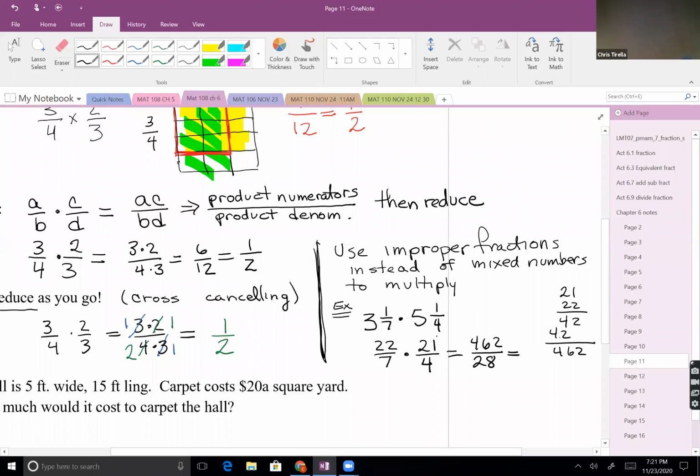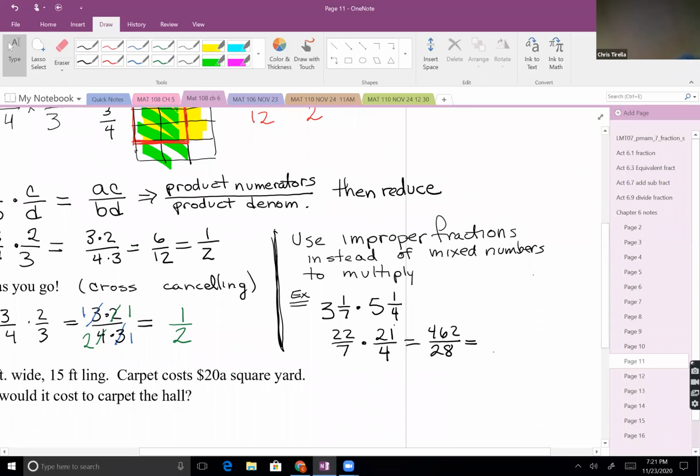And then I'm going to erase my scrap paper because I'm running out of room here. I apologize. Reducing that might be kind of tedious to do. Instead, I have that 22 over 7 times 21 over 4.